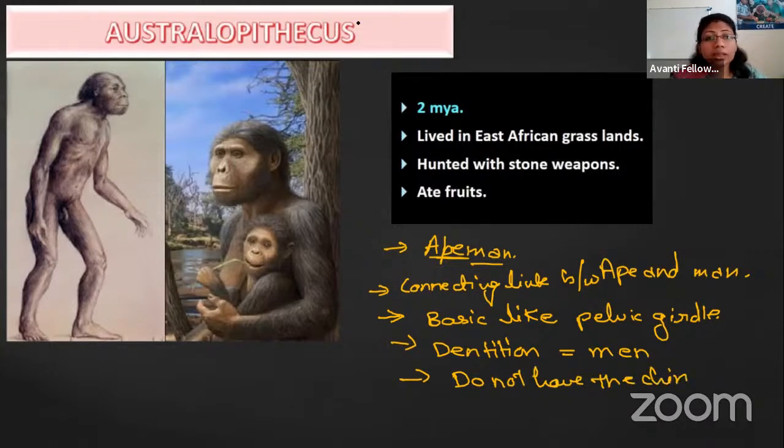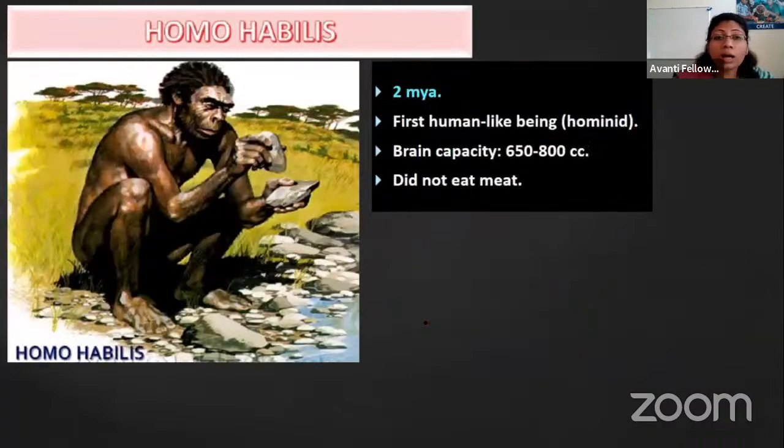Okay, is it clear? Now we are moving towards the Homo habilis, the next stage. Till now we have completed the three: Dryopithecus, Ramapithecus, Australopithecus. Now we have moved to the fourth evolutionary stage, that is Homo habilis.